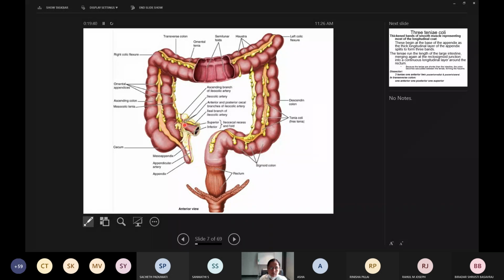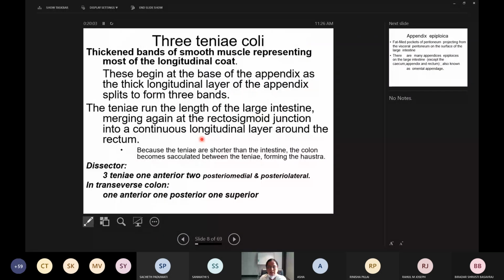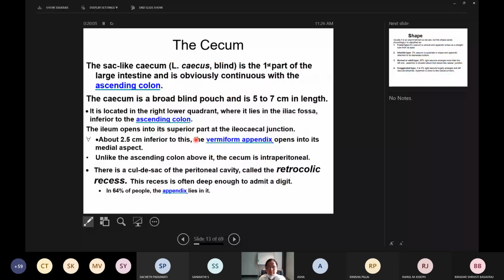This is the ileocolic artery, which forms the anterior and the posterior branches, which pass via the superior and the inferior ileocecal folds and the recess. Okay, so this was about the cecum.